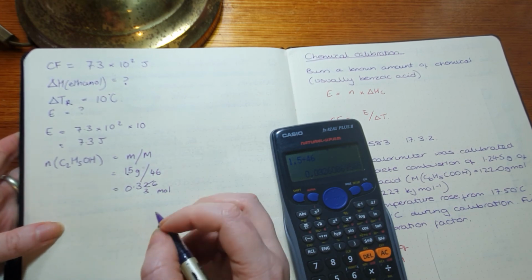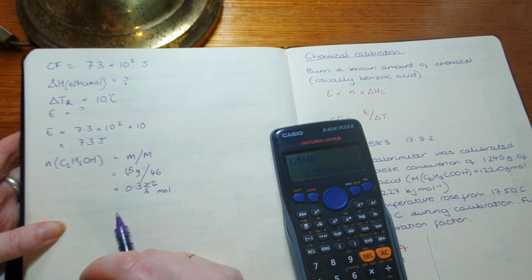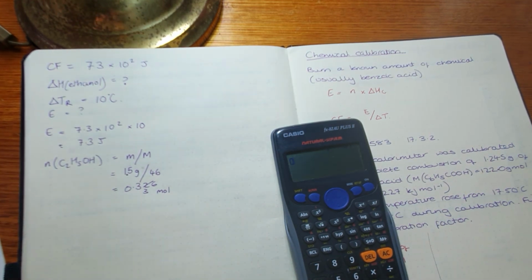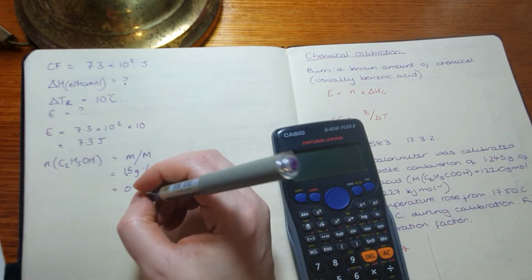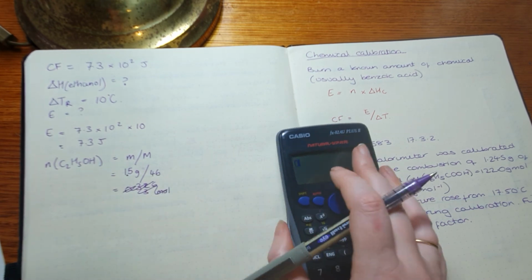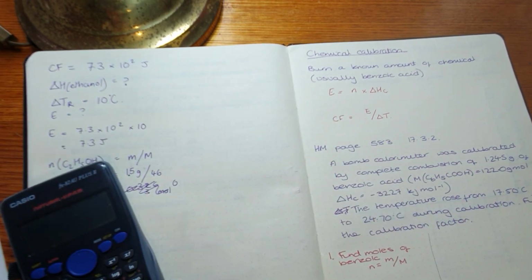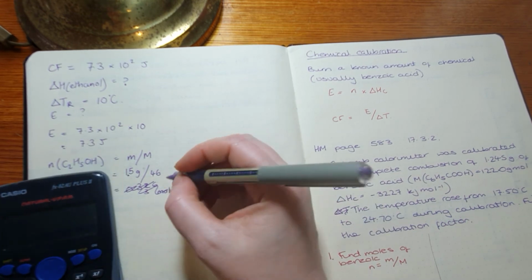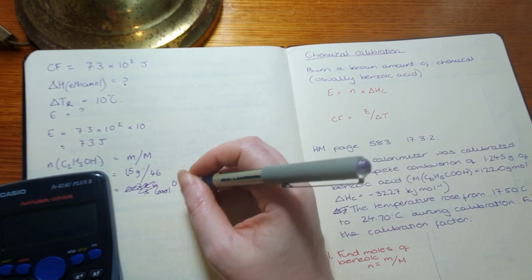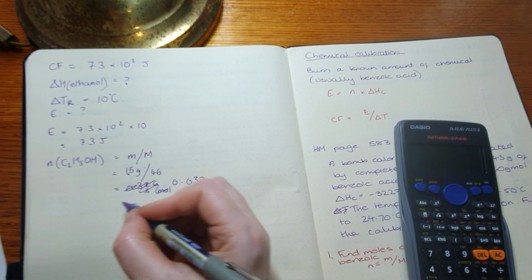And so per mole, I just then noticed that I can't copy from my calculator. So here's my answer. 0.033. Make sure you're including that 0, because otherwise you're going to be a factor of 10 off, and that's not great.